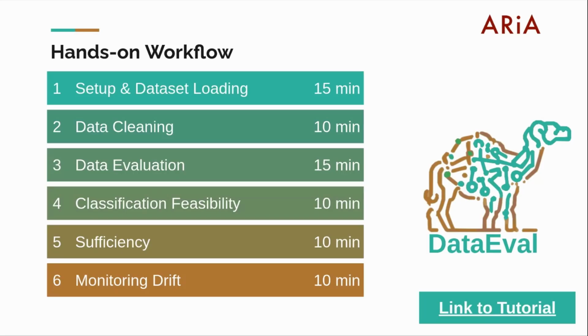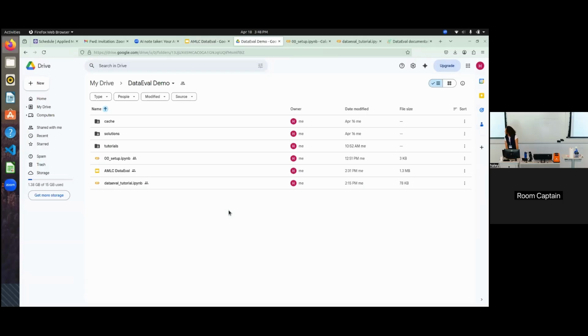It's called DataEval tutorial. It's in the main Drive folder. If you want to play along or code along, I recommend you access that. So this is what it should look like. This is the one that you want.